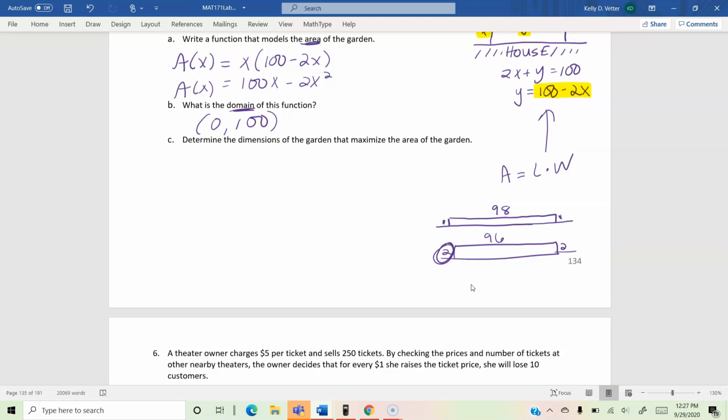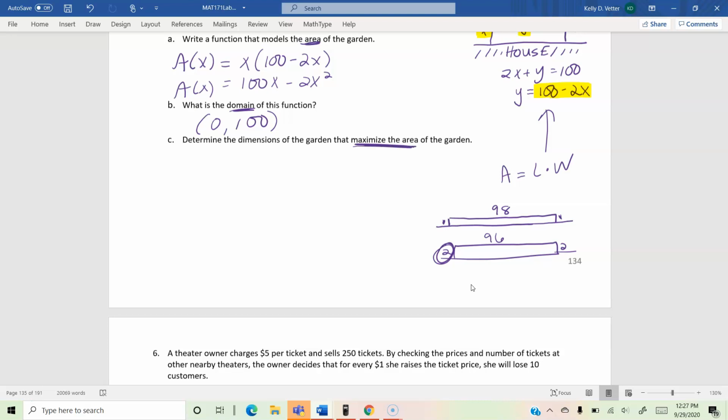So you have to think about the possibilities of what you're working with. You only have 100 feet of fencing, but you also have to make 3 sides. So it's kind of like common sense. I'll move on now.